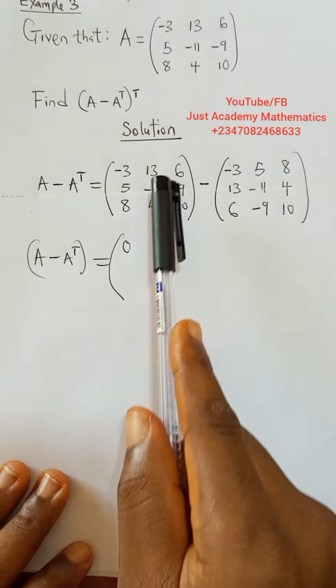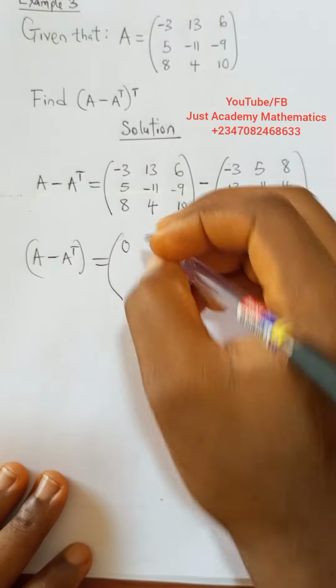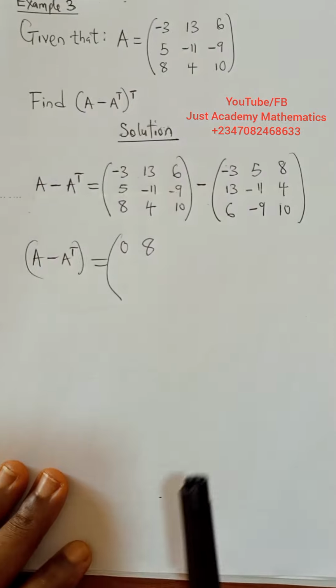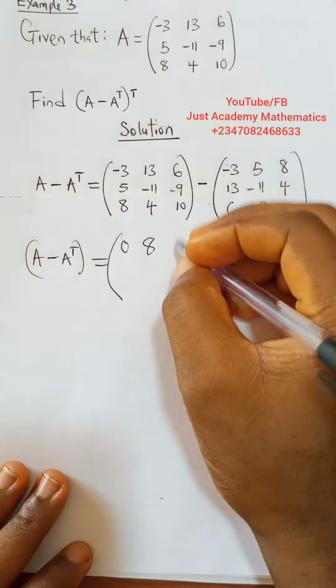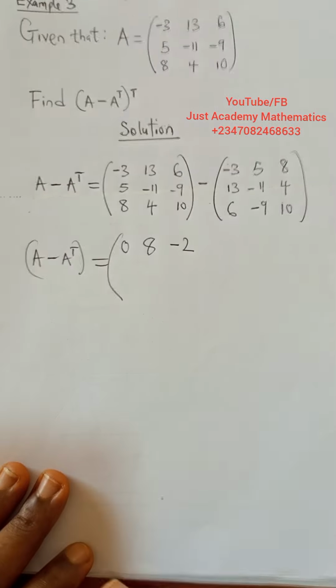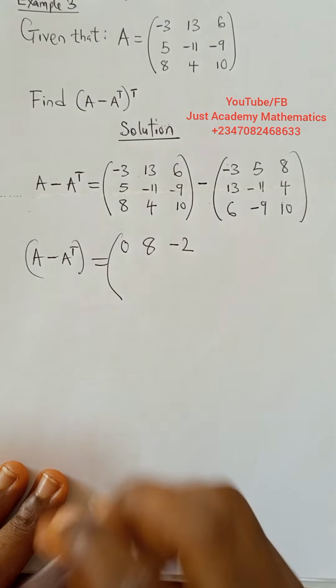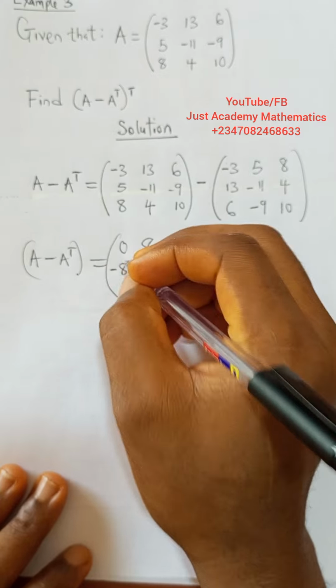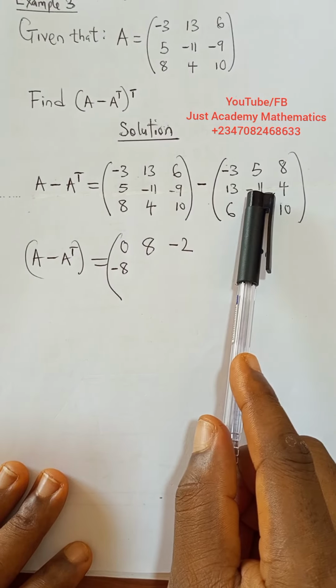We'll go again. 13 minus 5 will give us what? 8, of course. Then 6 minus 8 will give us negative 2. Now we have 5 minus 13 will give us what? Negative 8.